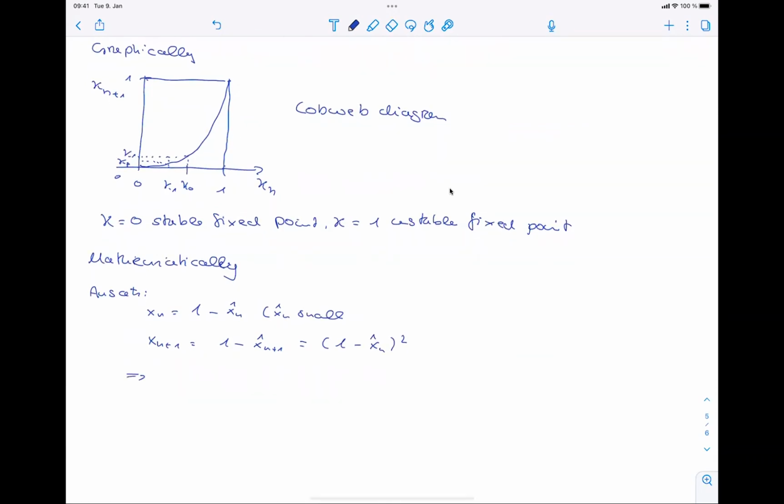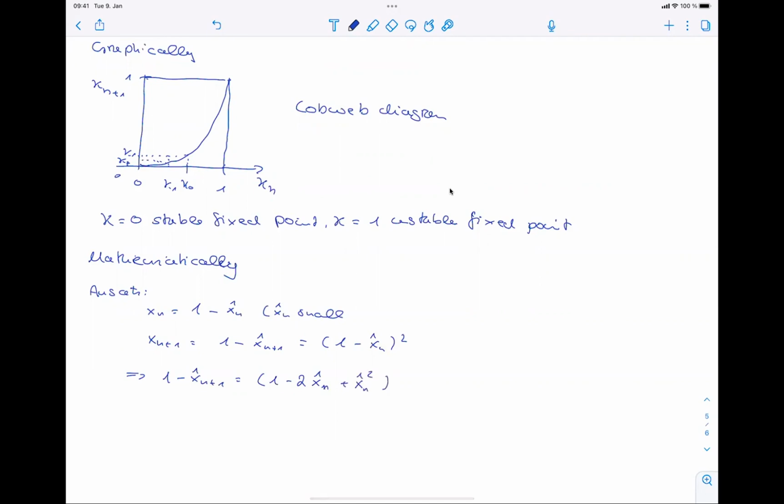And so if we solve this equation, taking into account that these deviations from 1 are small, we find that this is 1 minus 2 xn hat plus xn hat squared. This is higher order. And so from this, we can read off that xn plus 1 hat is 2 xn hat.